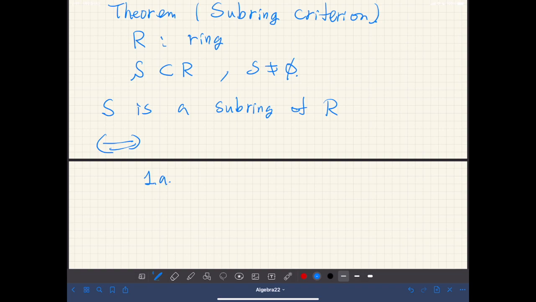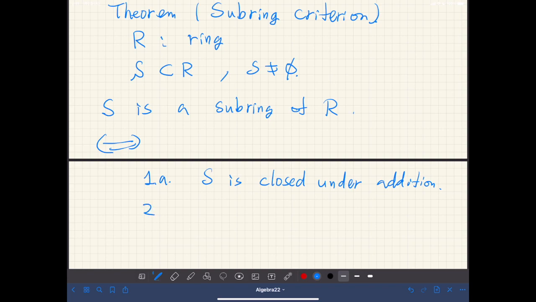That is the axiom 1.a, that S is closed under addition. This addition is of course the same addition as in R.